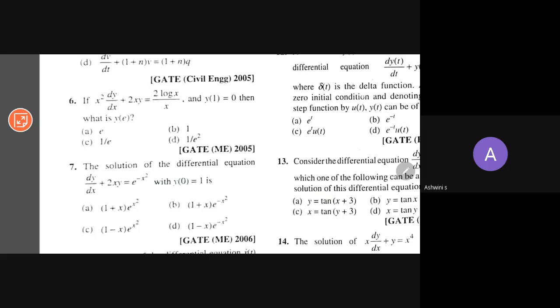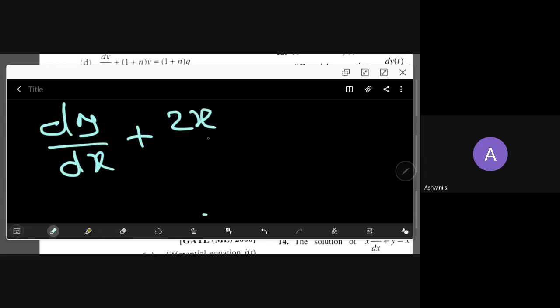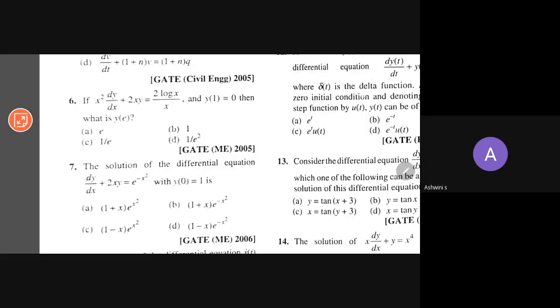So dy by dx plus 2 into y by x, because we are dividing by x square, then 2 log x by x cube.